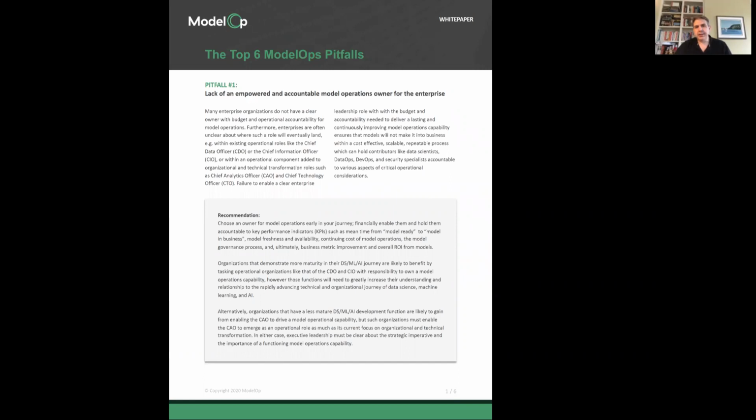But let's just start with the most critical, which is having an accountable and empowered owner for the operational capability that needs to partner with the data science and model creation capability embedded in the business units using specific tools. So this operational capability needs to be owned by somebody.